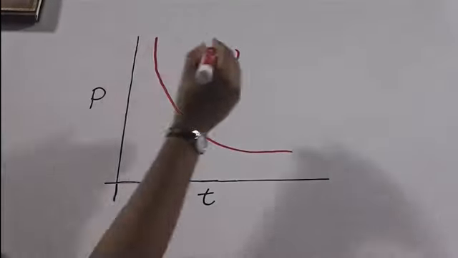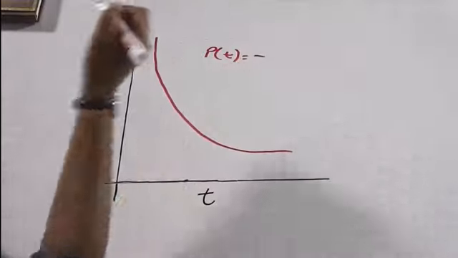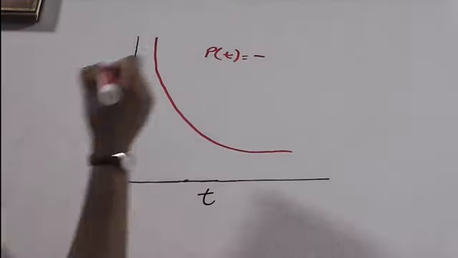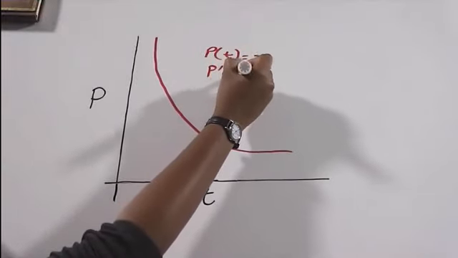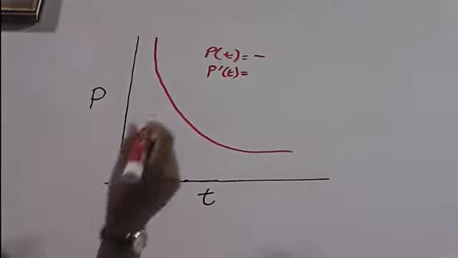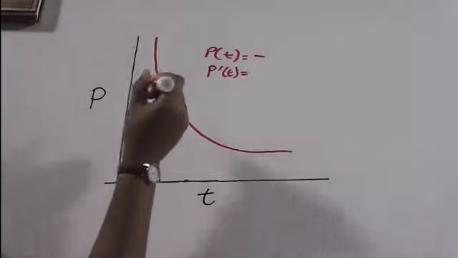So the first derivative, well, let's just remember that the first derivative tells us about the rate of change or the slope of the function.